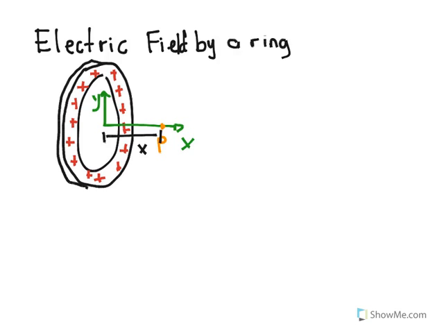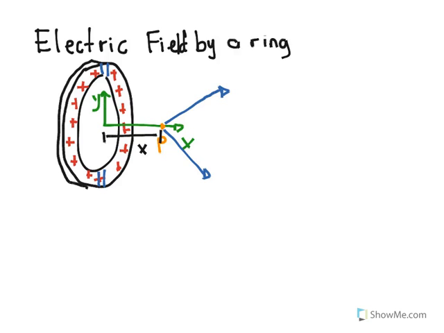if we have a differential of charge here, any given differential, this will exert an electric field that goes out of the ring. And an opposite differential of charge here will generate an electric field of the same magnitude.